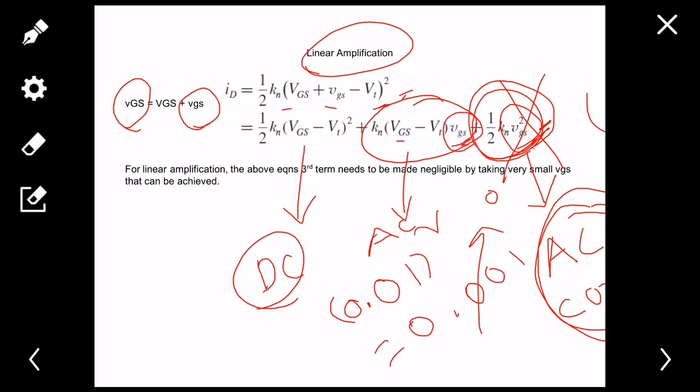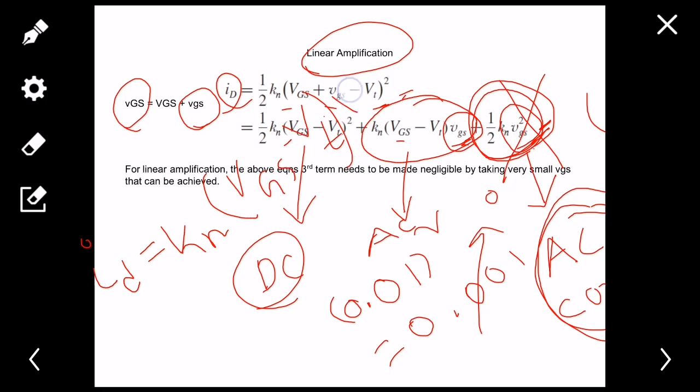So if I take it as the AC component, and now break down the ID, small ID would be that term, the AC term, that means Kn into VGS minus VT into VGS.